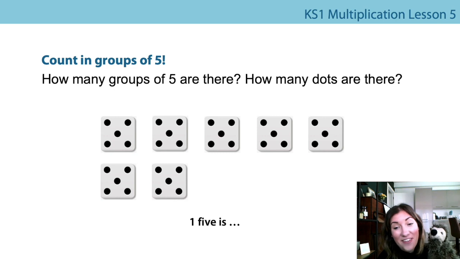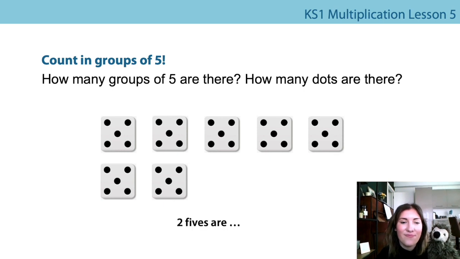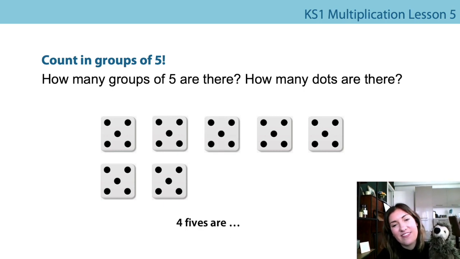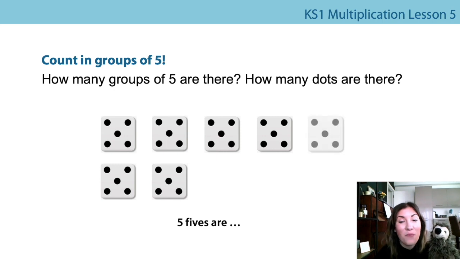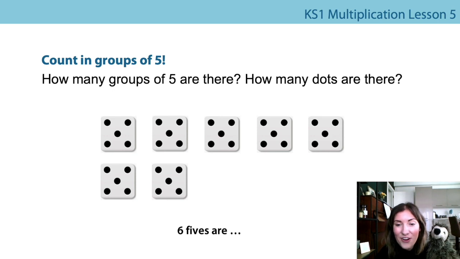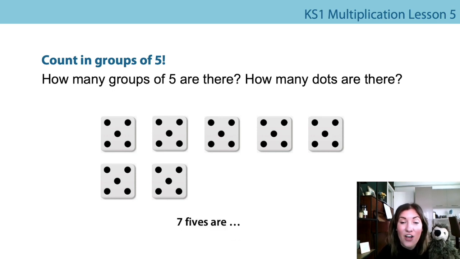All right, let's count together to see if we were right. We're going to start by saying 1 5 is. So 1 5 is 5. 2 5s are 10. 3 5s are 15. 4 5s are 20. 5 5s are 25. 6 5s are 30. 7 fives are 35.